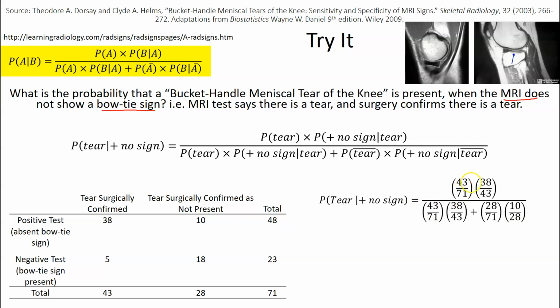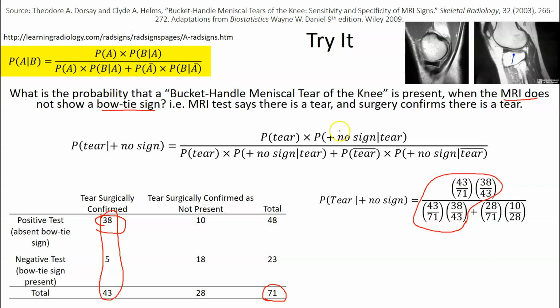All right, so here's what we've got. Probability of a tear, 43. Okay, so here we've got 43 were confirmed surgically out of, well, out of 71. And then we're going to have times the probability of a positive bow tie sign given a tear. Positive sign given a tear, we're going to come up with 38 out of the 43. And now again, these two things just get repeated.